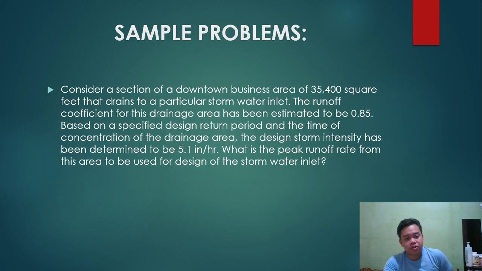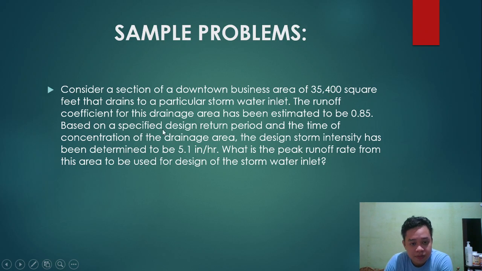First, consider a section of a downtown business area of 35,400 square feet that drains to a particular stormwater inlet. The runoff coefficient for this drainage area has been estimated to be 0.85. So this is the value of C, 0.85.